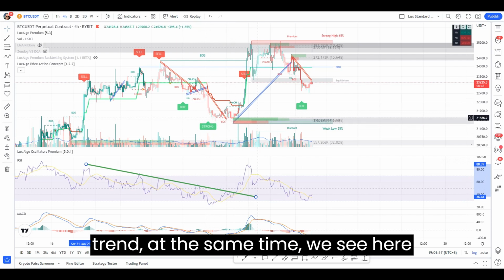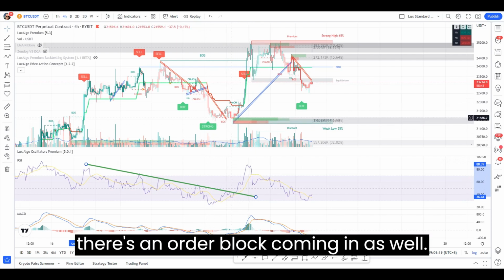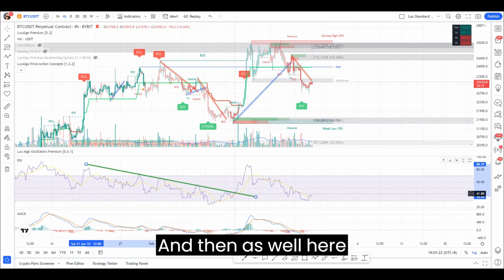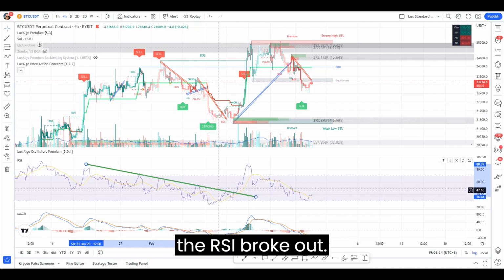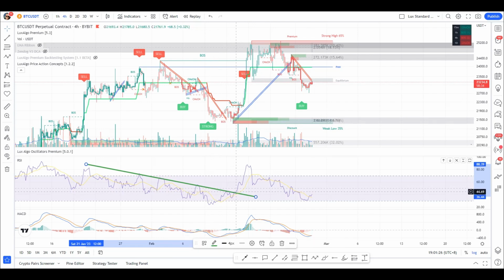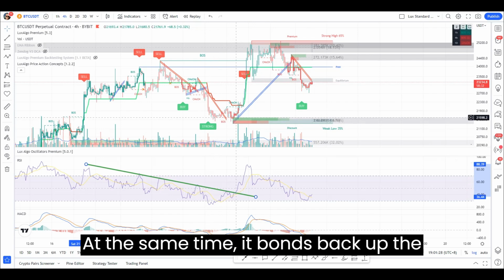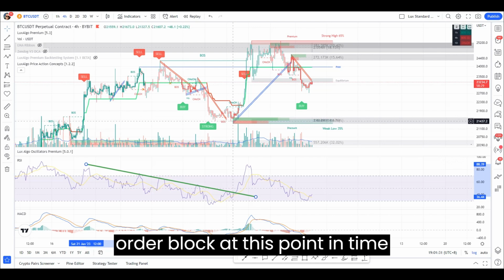At the same time, we see there's an order block coming in as well, and here the RSI broke out. At the same time, a bounce back off the order block at this point in time.